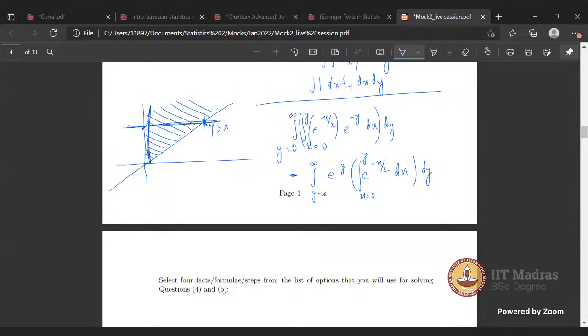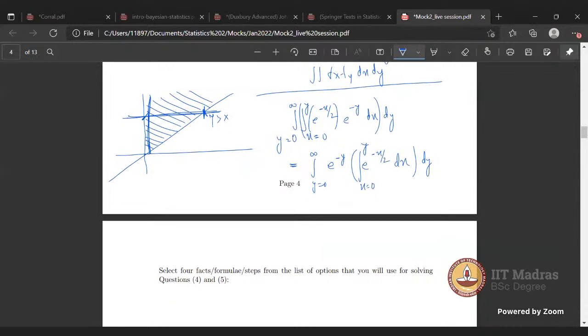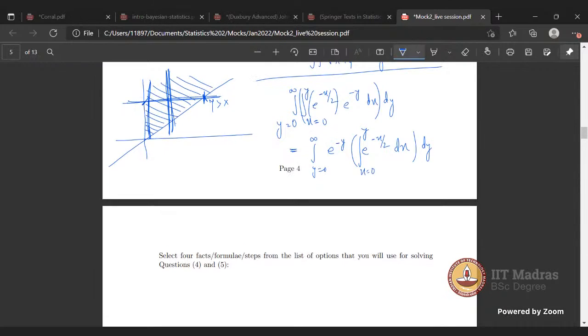Now if I want to first integrate with respect to y, I will draw a vertical strip. Then y is varying from x to infinity, and x will vary from 0 to infinity. So you should take care of the limits of integration. If you are integrating first with respect to x, how should the limit vary? This is the critical thing to decide the support.